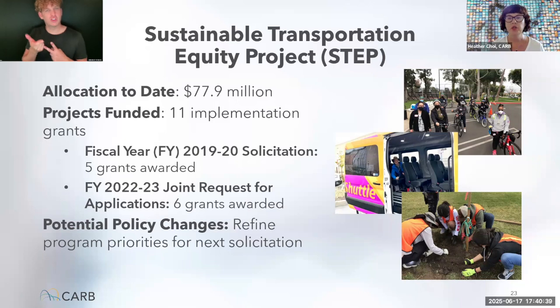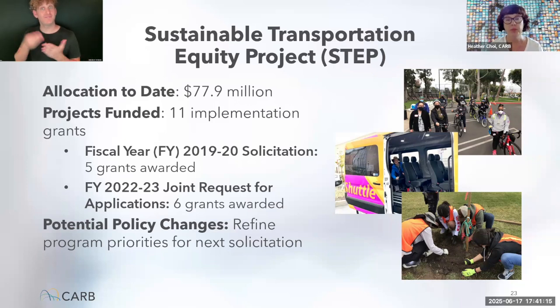STEP project types include planning and community engagement, pedestrian and bike infrastructure, urban greening, zero-emission transit, and more. To date, STEP has been allocated $77.9 million. This funding has gone to 11 implementation grants, 5 of which were awarded in a 2020 solicitation, and 6 of which were awarded in the 2023 joint request for applications I had mentioned earlier.